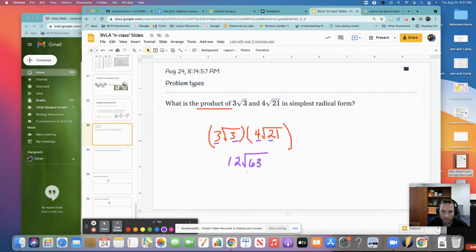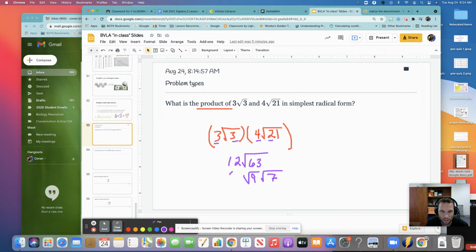Okay. And then, so that was easy. We do have to ask ourselves, can we simplify? So 63, the only number that comes to mind, I'm just not very good with my multiplication tables, is 9. It does work. So this would be 9 and 7.